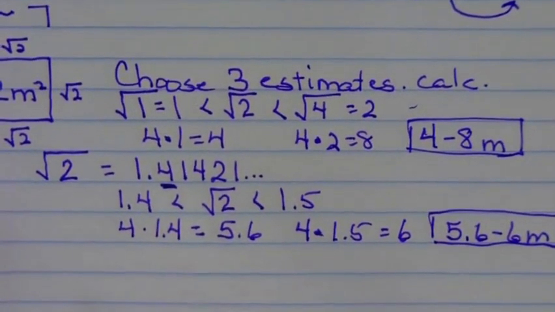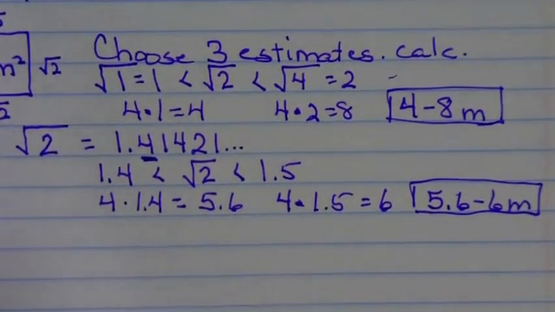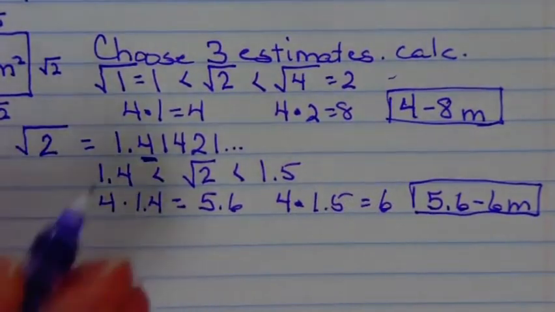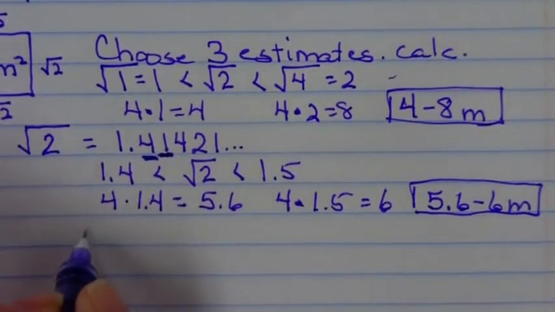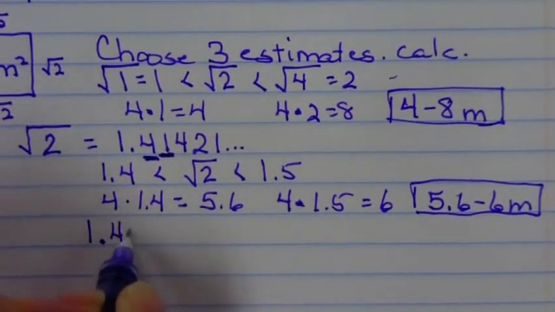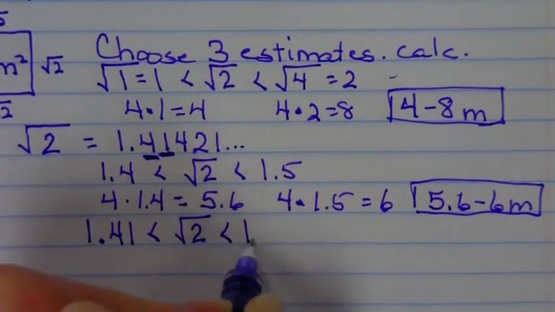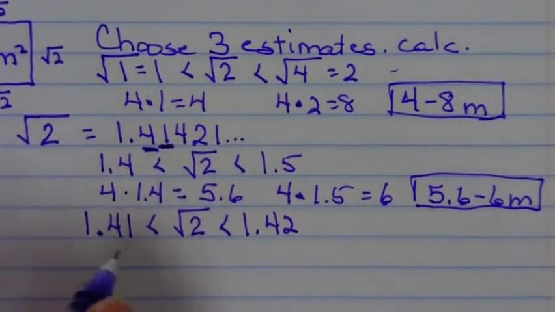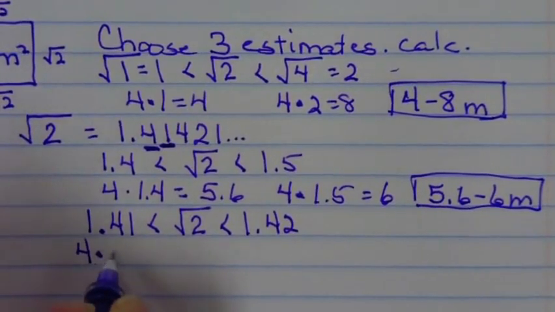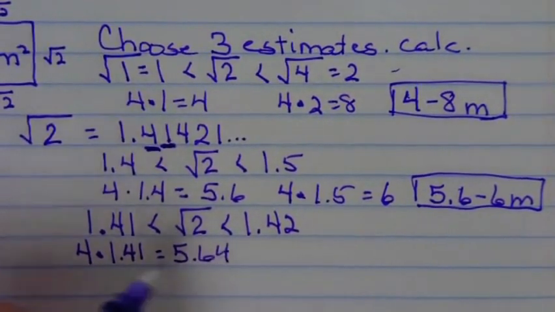That's not too bad, but that's an entire foot different. And because meters are about a yard, and there's 3 feet in a yard. Let's this time round to the nearest hundredth. Let's go 1.41 and 1.42. Now when we get that close, we've got 4 times 1.41 is 5.64.